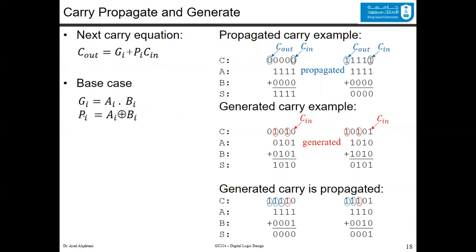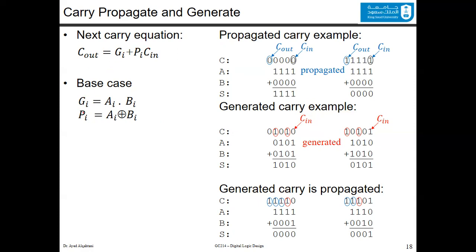The propagation of a certain stage is Ai XOR Bi. Now, the carry out is either generated in the same stage or propagated from a previous stage. That is the idea behind the carry look ahead addition.